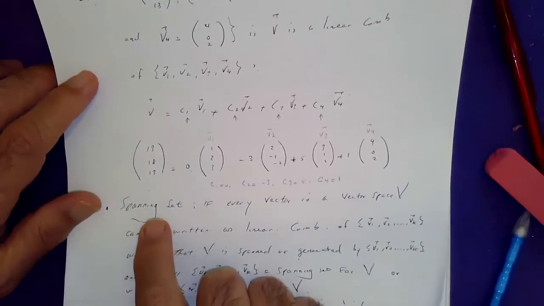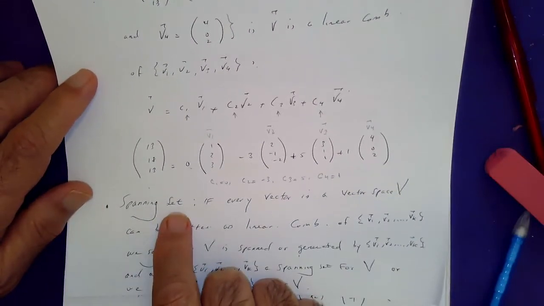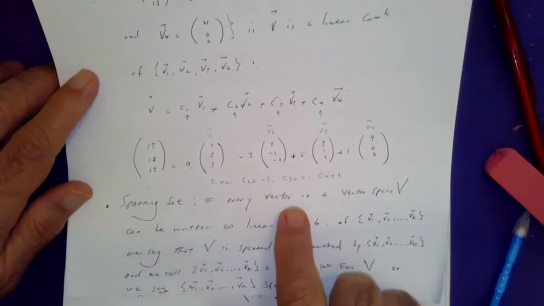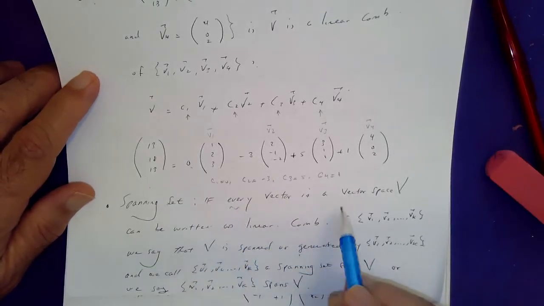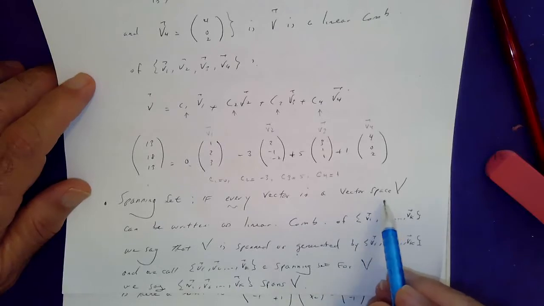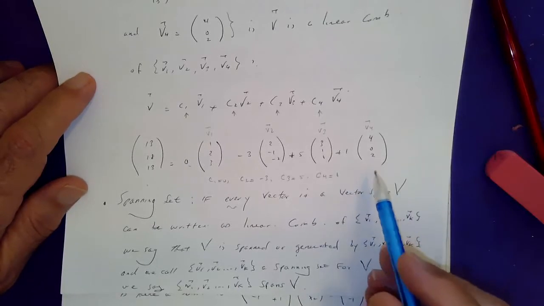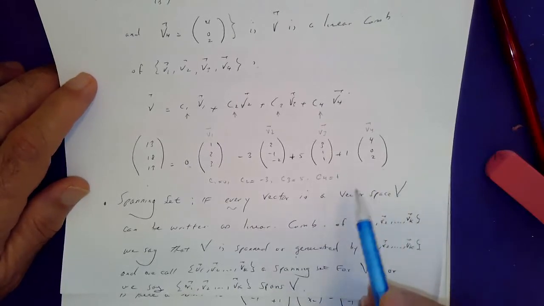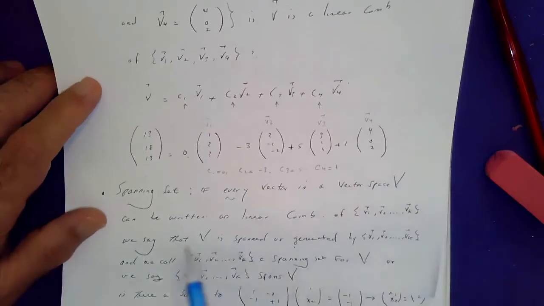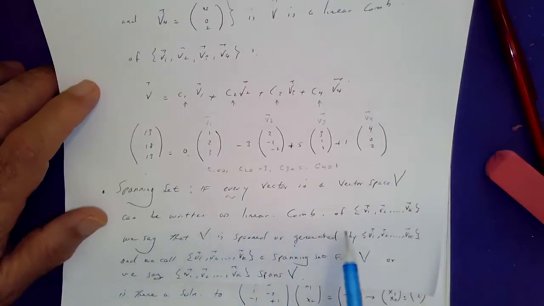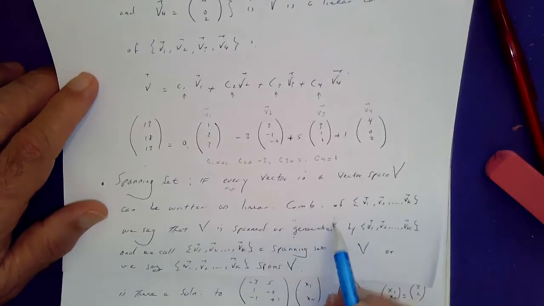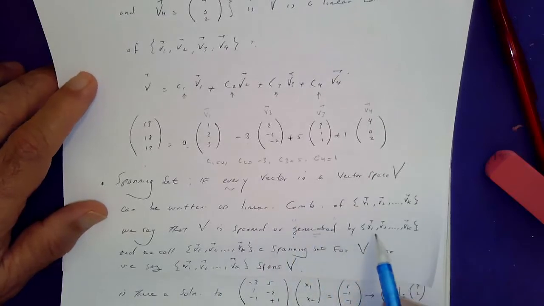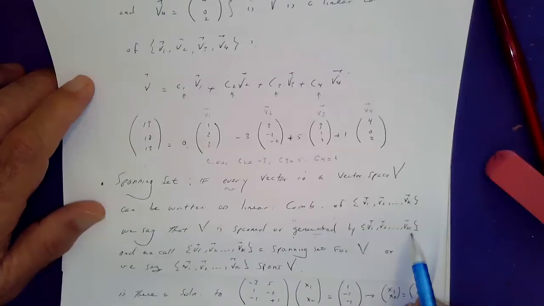So that brings us to the definition of a spanning set of vectors. If every vector, notice the catchword is every vector, in a vector space, let's say you are in three-dimensional space, so the vector space would be R3, can be written as a linear combination of v1 through vk, we say that the space is spanned or generated by vectors v1 through vk.